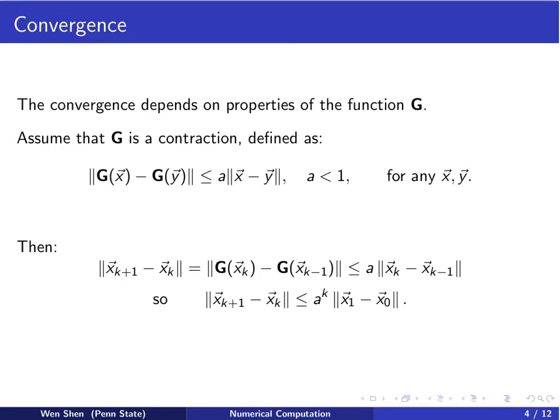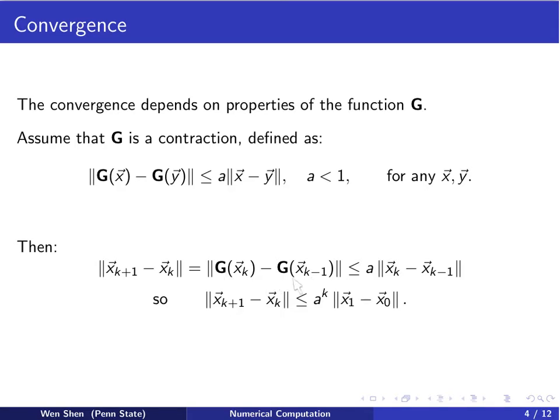We now check the distance between xk plus 1 and xk. So we have this norm, where xk plus 1 is computed as g at xk, and xk is computed as g at xk minus 1.